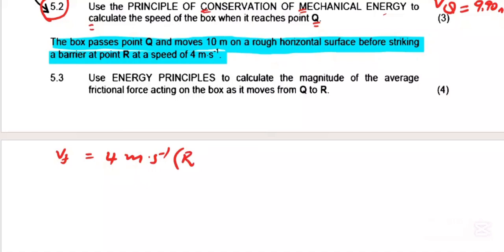Okay, then the following question says use the energy principles to calculate the magnitude of the average frictional force. The energy principle formula is that the net work is equal to the change in kinetic energy.